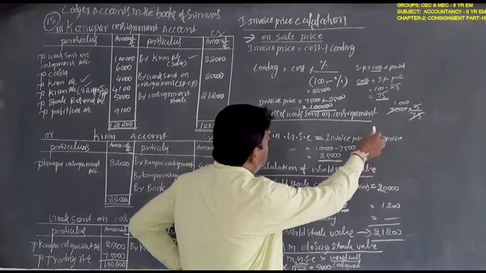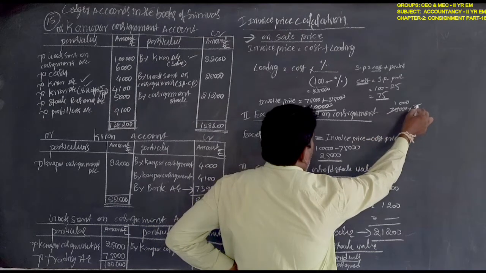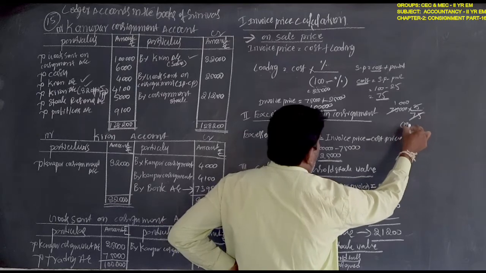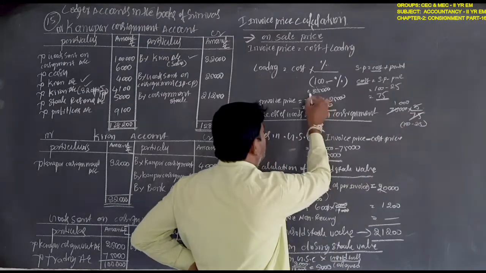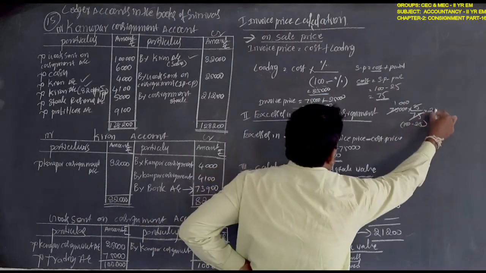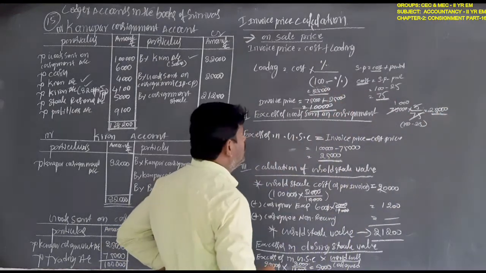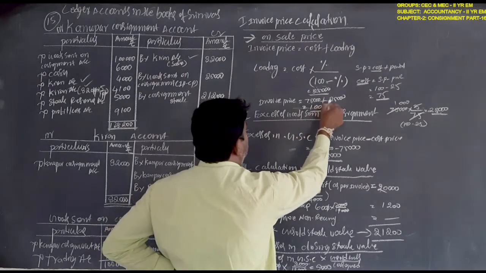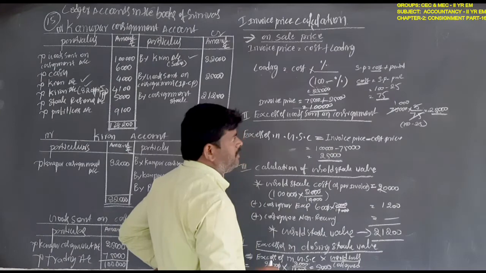So simply, you must calculate loading as cost into percentage by 100 minus percentage, and write this way: 75,000 into 25 by 75, nothing but 100 minus 25, this is the 75. So you get the amount 25,000 rupees right here only. So invoice price is equal to 75,000 plus loading 25,000, total amount is 1 lakh rupees.